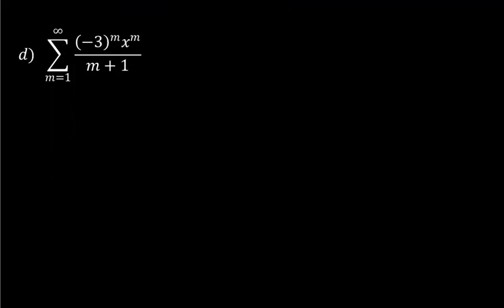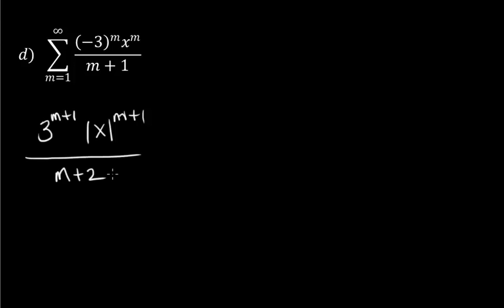Part D, again, we use the ratio test. It's another power series. And I'll take the m plus 1 term. I'll have the absolute value of minus 3 to the m plus 1, which is 3 to the m plus 1, times the absolute value of x to the m plus 1 over m plus 1 plus 1, so that's m plus 2.